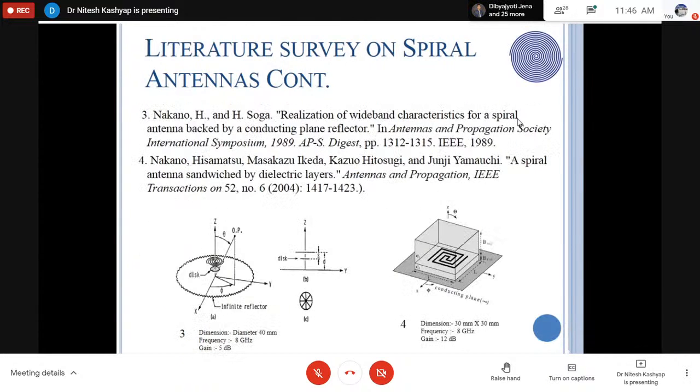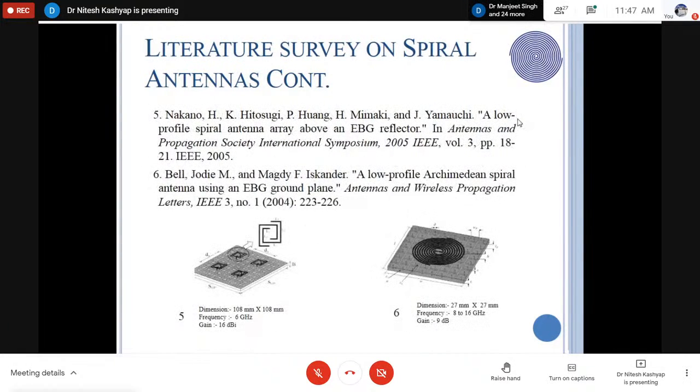Okay, and similarly, after the evolution of this design, there are several engineers who have put their effort into improving the performance of the spiral antenna.